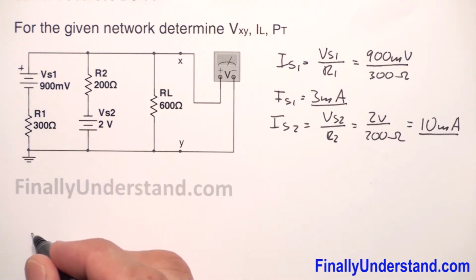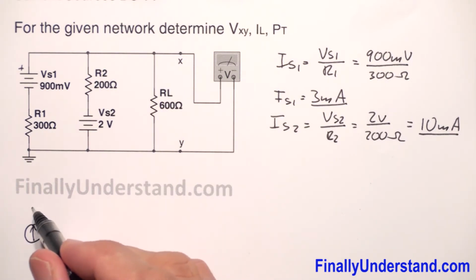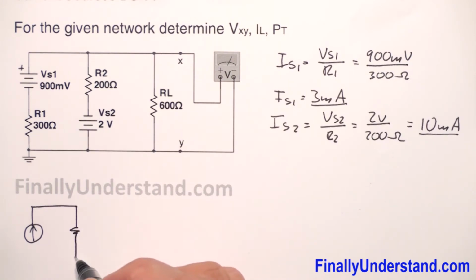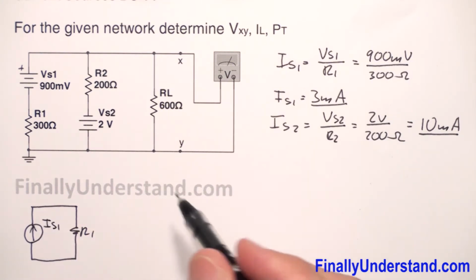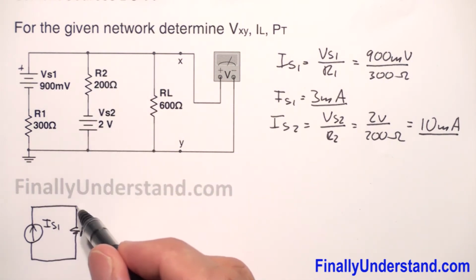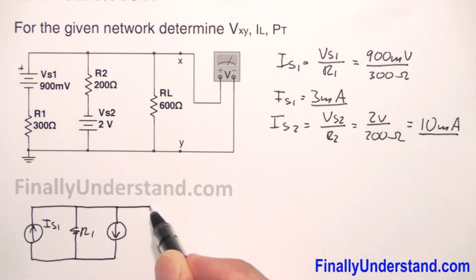Okay, so I have my current source, okay, and I have my resistor R1. This is my I source 1. Okay, so I finished with this part. Next I have to talk about this one. So I have current which has to go down, and I have resistor R2.